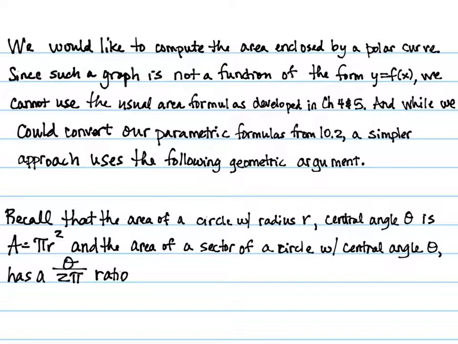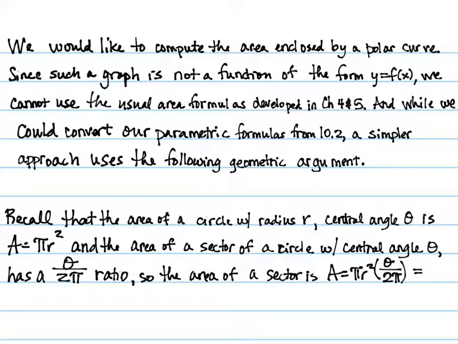Theta is the measure of the angle, 2 pi is the measure going all the way around. So the area of a sector is pi r squared, and then we multiply it by the ratio, theta over 2 pi. And if we simplify this, we see the pi canceling, and we end up with one half r squared theta. So it looks like there's no pi in there because of the cancellation.